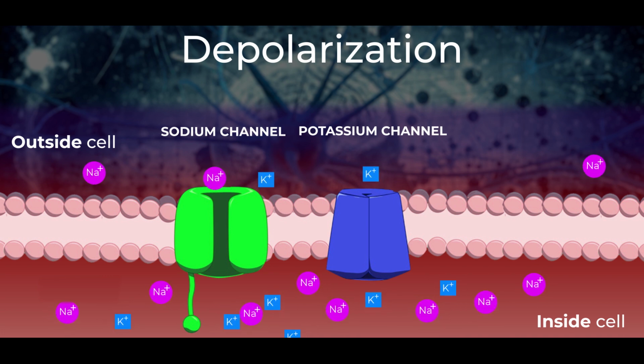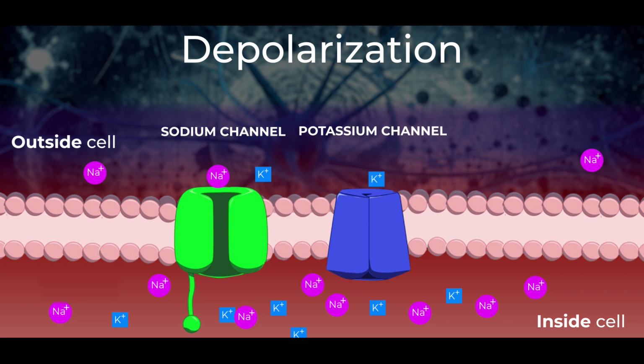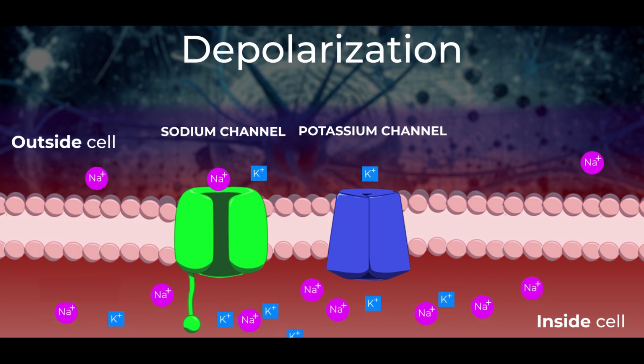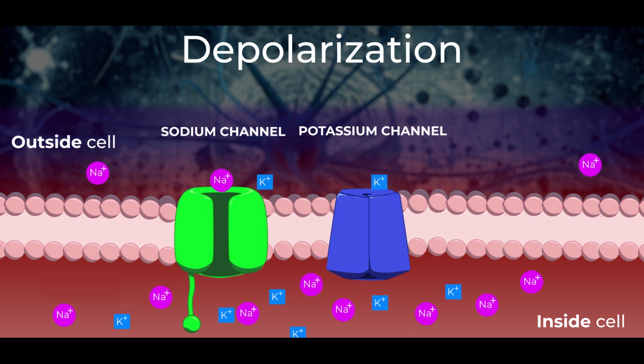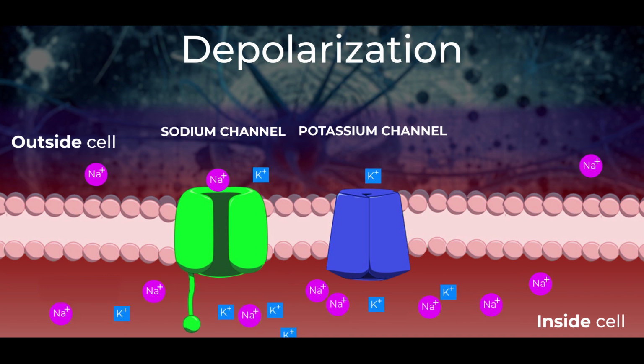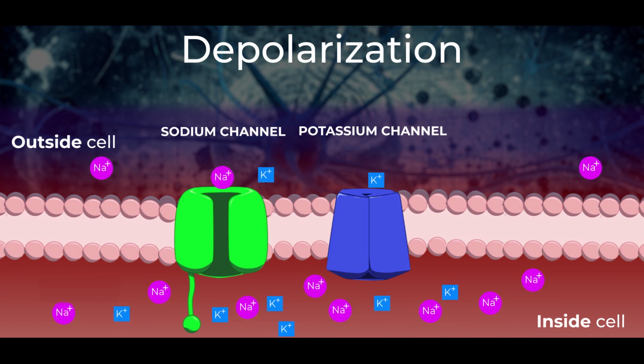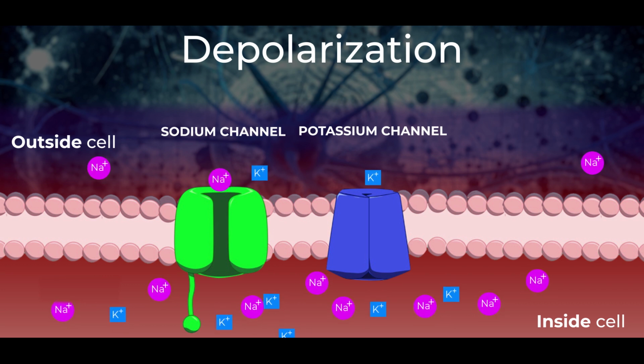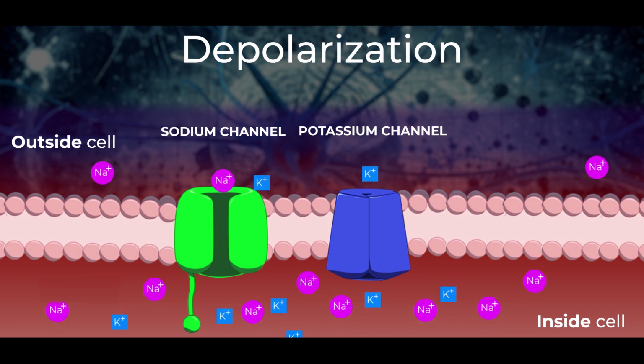So when an impulse comes along the nerve fiber, what happens? Suddenly the sodium gate opens and more infiltration of sodium ions from outside to inside takes place. Due to this, there is a change in the polarity.